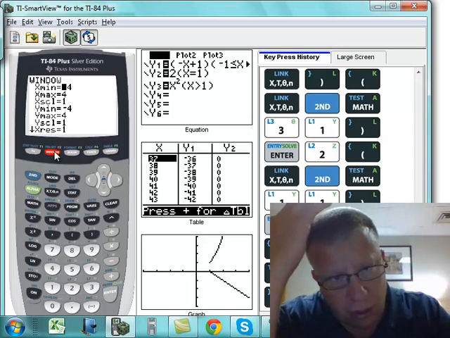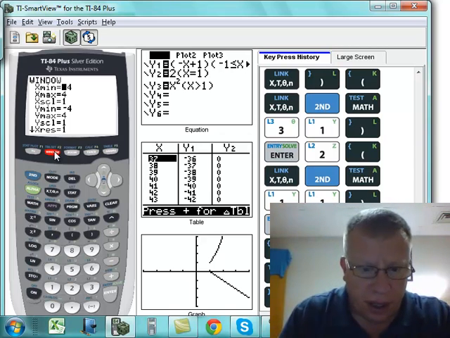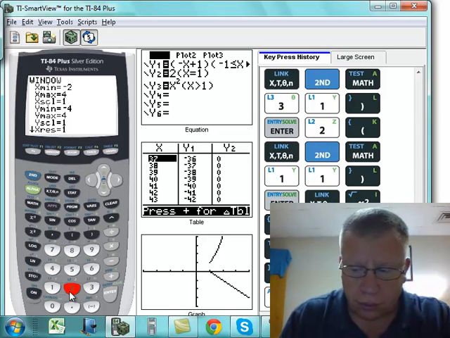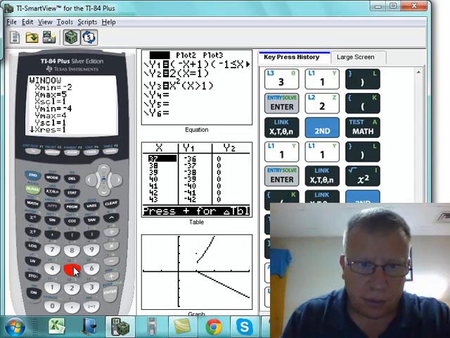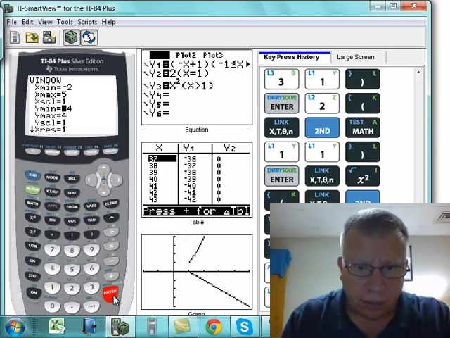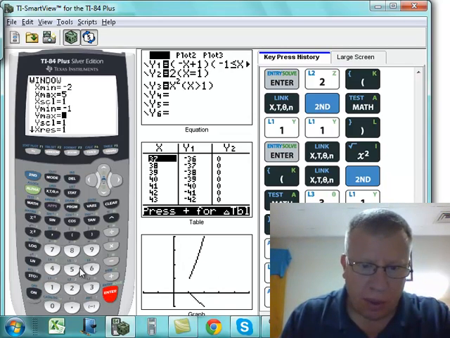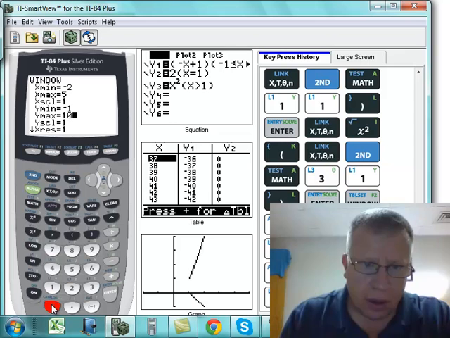And we're going to let x go from, say, -2 to maybe option 5. Y minimum, maybe -1. Y maximum, I don't know, call it 10 or something. Enter.